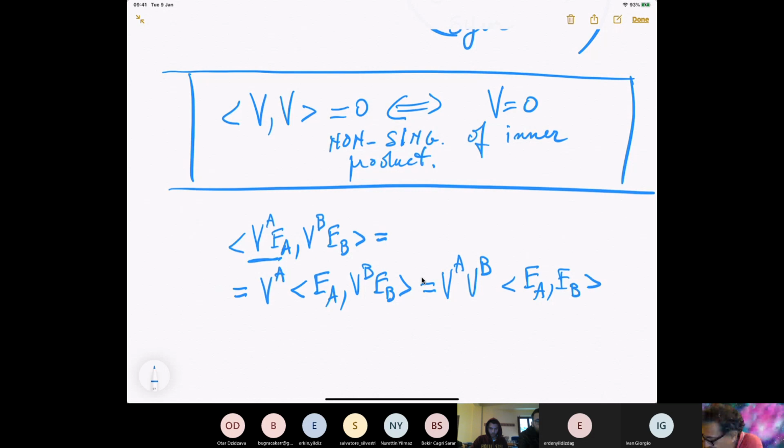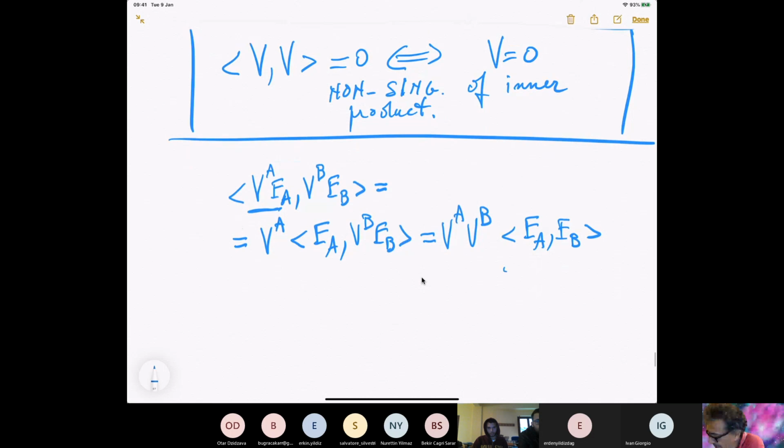And what is this? This is the inner product of e_A with e_B.